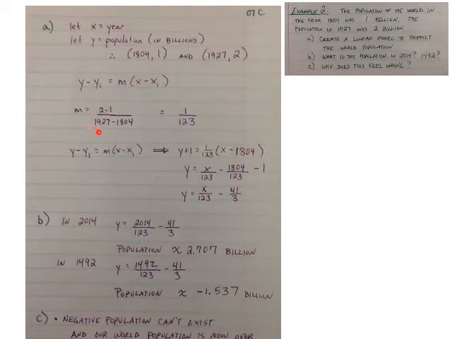I calculated the slope from my data points, and for those needing a refresher, slope is y2 minus y1 over x2 minus x1. So I plugged those values in, and I got a slope for my point-slope equation. And then I went about plugging the values in.